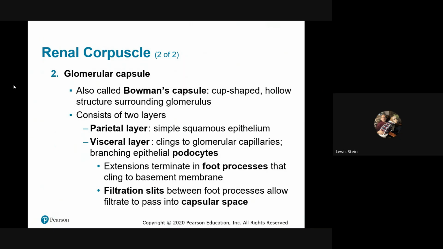So it's a cup shape, surrounds the glomerulus. It has layers. This is where you can go crazy. Simple squamous is the lining in the interior, almost like any vessel, but around that capillary bed, it's got interesting little cells called podocytes, because they have these foot processes, and they can kind of control the flow and the openings, like how much actually comes out.